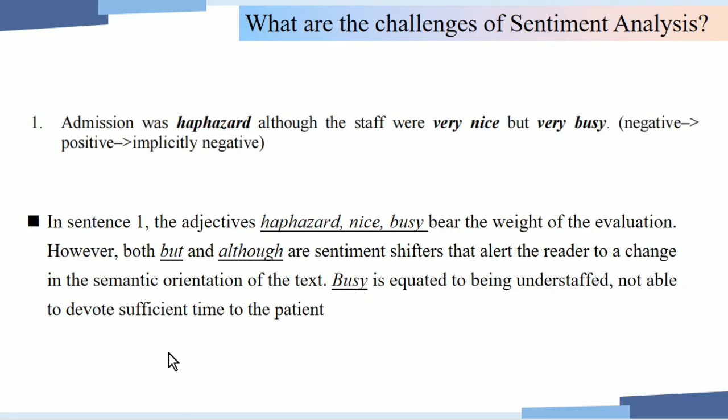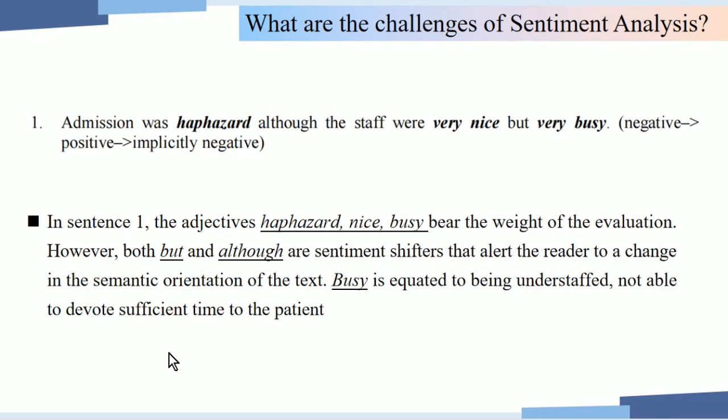Then there is an interesting sentence: Admissions was haphazard, although the staff were very nice but very busy. At first the sentence is negative, but with although and very nice it becomes positive, but then very busy.